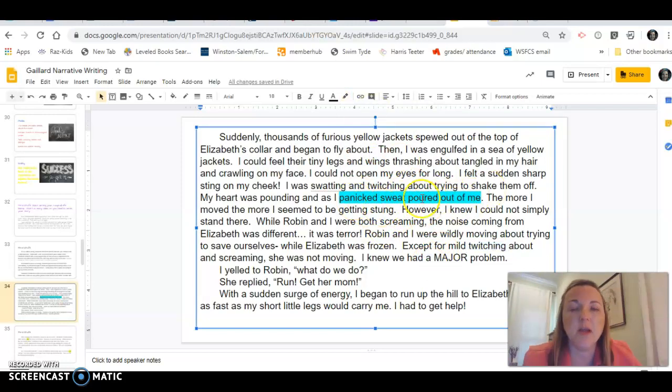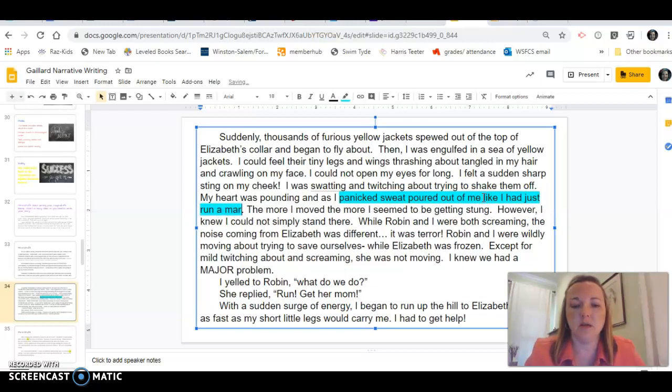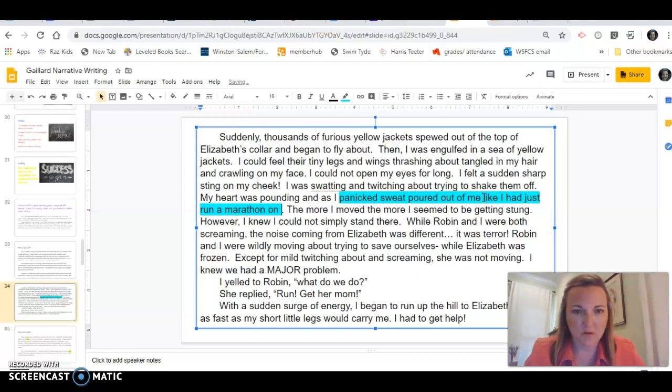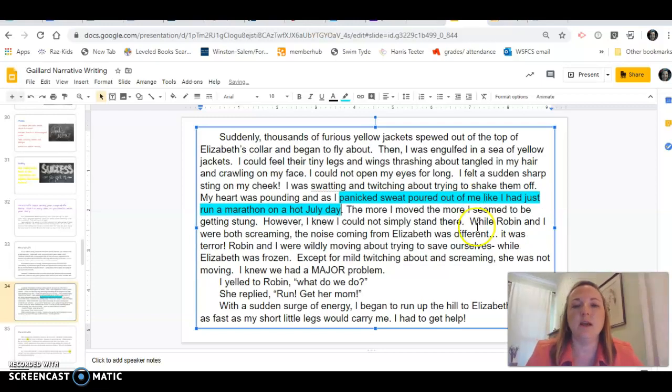And then I want to come back up here where I switched from, initially I was calm, then I got scared, and now I am panicked, right? So I want to give you a better picture of what's going on with me. Sweat poured out of me like I had just run a marathon on a hot July day, right?